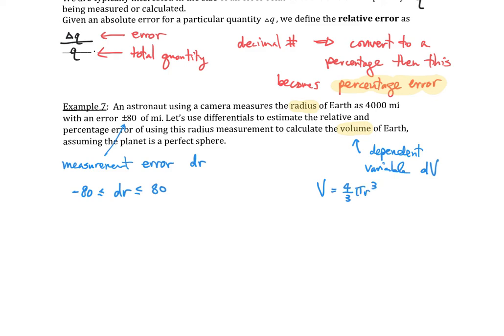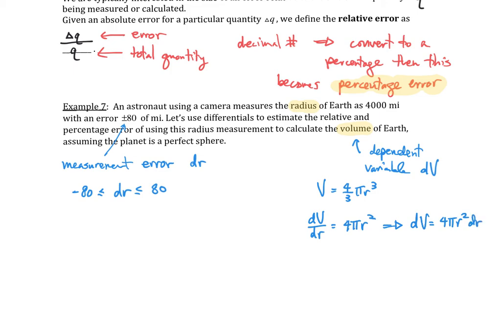So I can calculate the differential dV by taking a derivative. dV/dr, using the power rule for my independent variable r, means the 3 comes down in front and cancels with the 3 in the denominator. So the derivative is 4 pi r squared. This tells me that my dV is equal to 4 pi r squared dr.